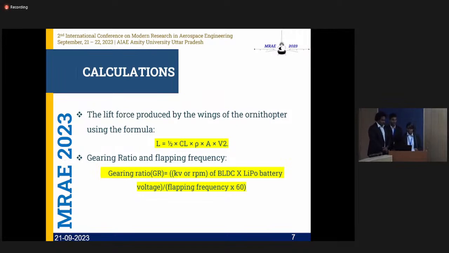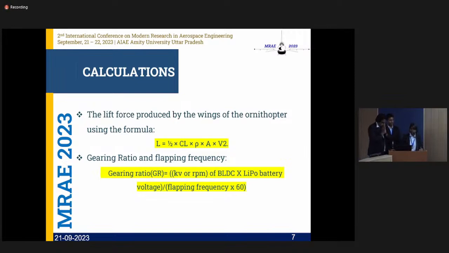Gearing ratio. The gearing ratio is the ratio of the number of teeth of two interlocking gears. The standard flapping frequency of the ornithopter is 4 to 6 flaps per second, but we have taken the average of 5 flaps per second. Accordingly, we have calculated the gearing ratio of the gear using this formula.